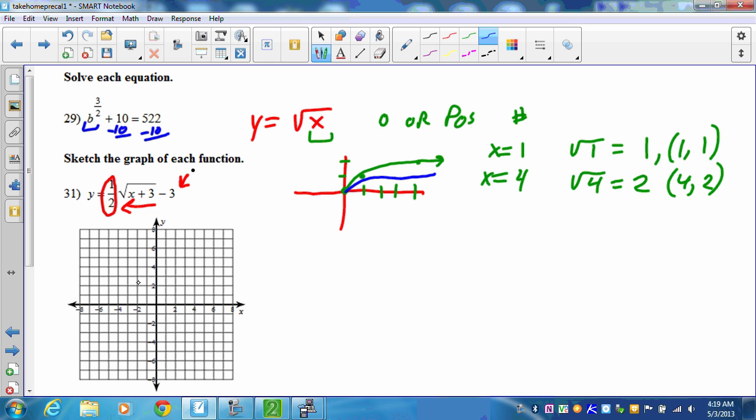So let's go ahead and find our original point. We're going to go over to negative 3 and down 3. And that's our starting point. Right? So our domain of this graph is x is what? Greater than or equal to negative 3. And what about our range?